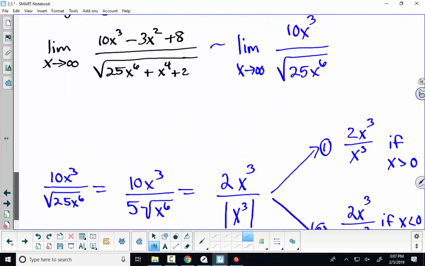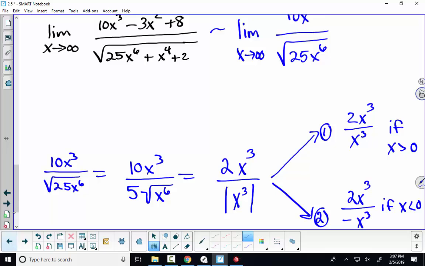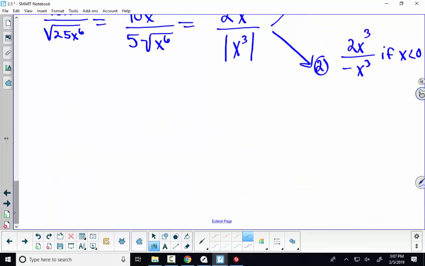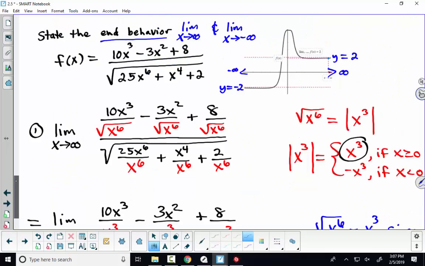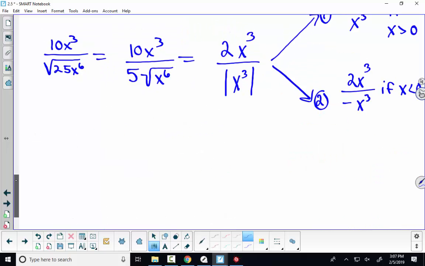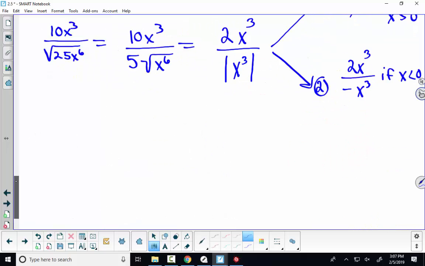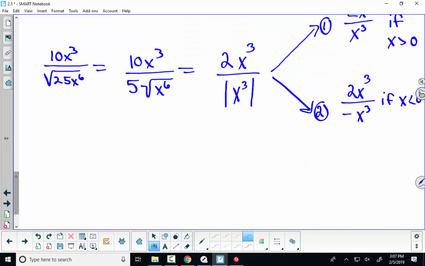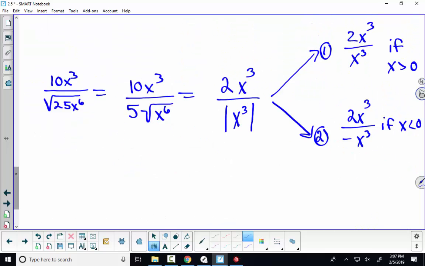Okay, I don't know why it's doing that. So this one's for our limit as x approaches infinity, and this one's for our limit as x approaches negative infinity.